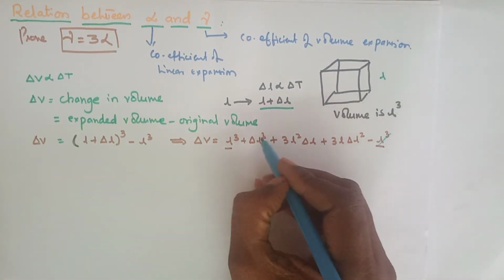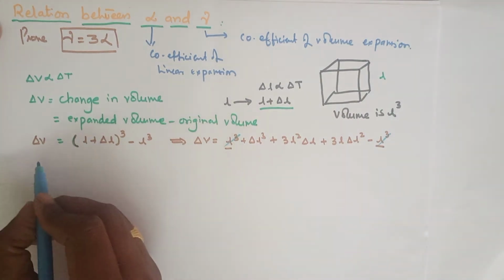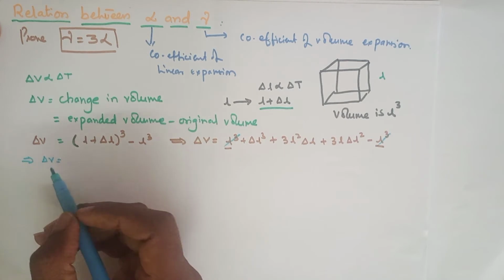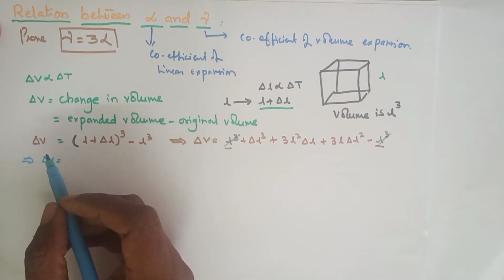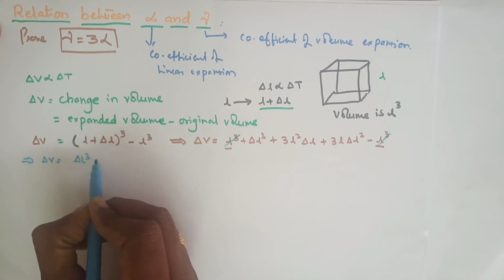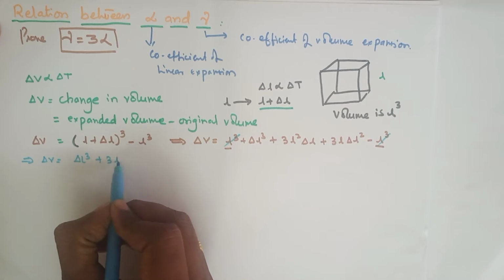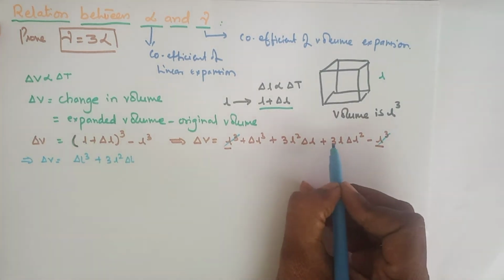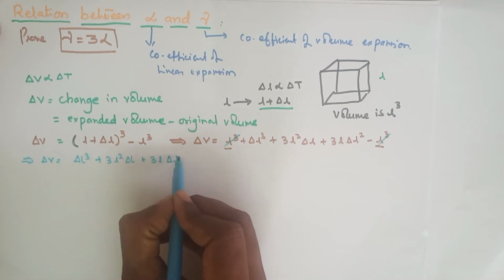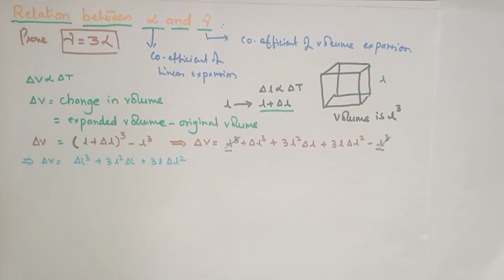So what will you write? Delta V remains with delta L cube plus 3L square delta L plus 3L delta L square. These remain. Right?